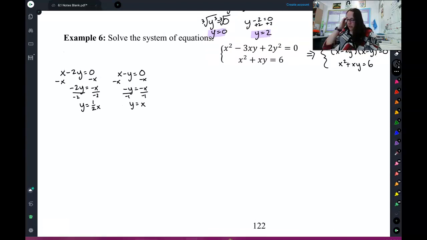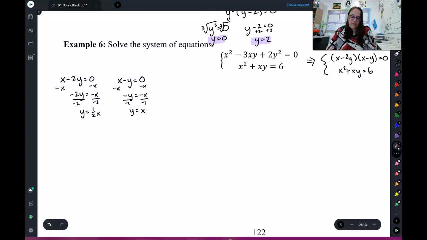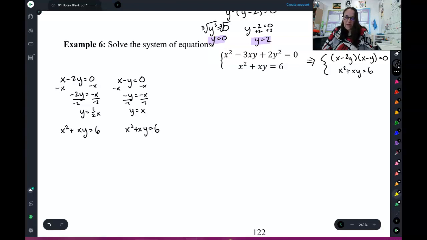Now what I'm going to do is take the other equation, because I've already dealt with this one, and plug those in for y. So I'm taking my x squared plus xy equals 6, and I am plugging these equations in for y.